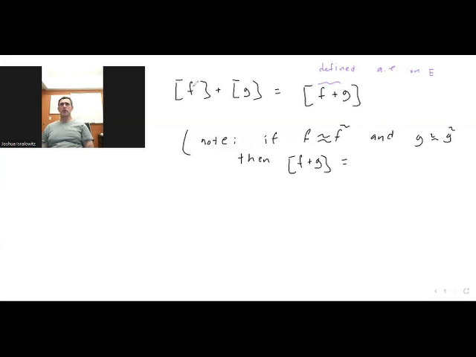So in particular, the class generated by f is the same thing as the class generated by f tilde, right? The class generated by g is the same thing as the class generated by g tilde. So these two better be the same. Otherwise, well, this definition literally doesn't make sense. But this is the same. And again, this is really easy stuff, playing around with sets of measure zero.